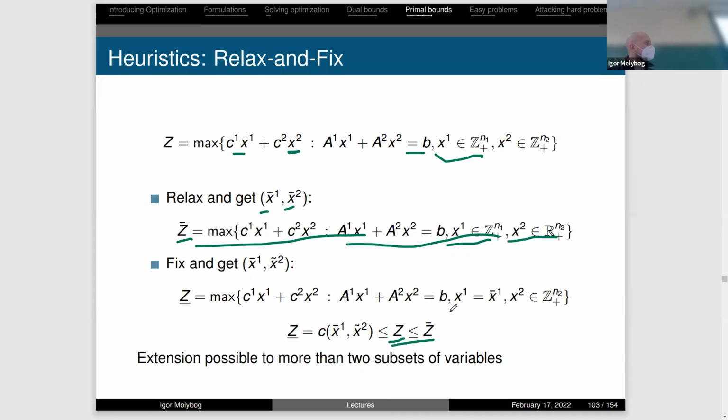We add the constraint that x1 is equal to x1 bar, the solution to the relaxation, and we solve for x2 being integral. So we are forcing x2 to be integral when we have forced x1 to be fixed.